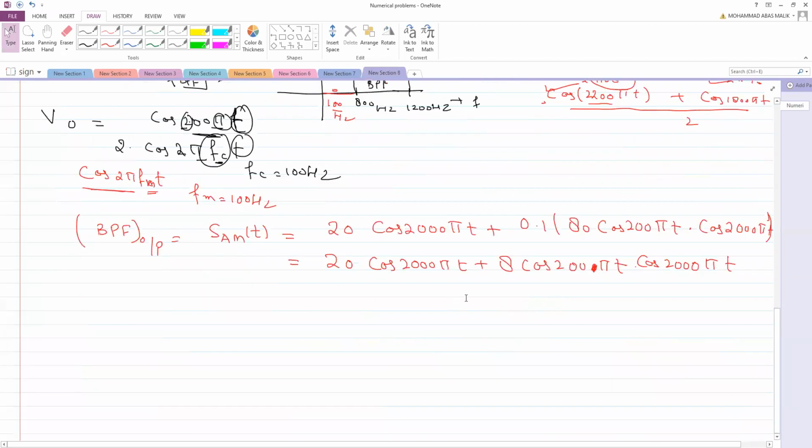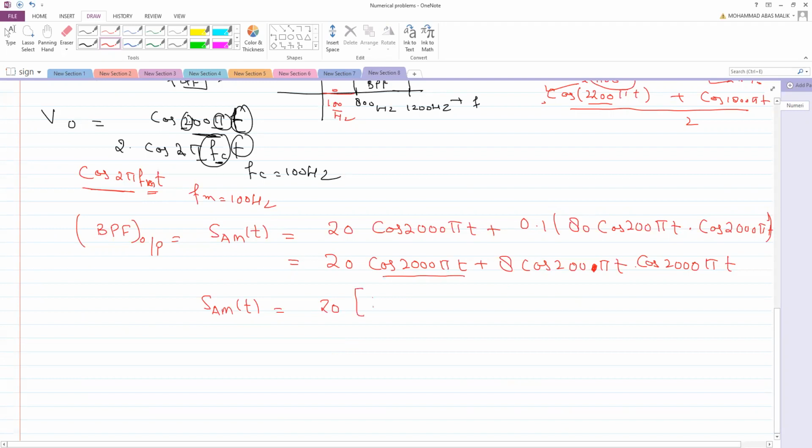Now, how can you compare this with your modulated signal expression that you have already done? Can I take 20 common? I will take 20 common. Also, I will take cos 2000 pi t common from both these components.